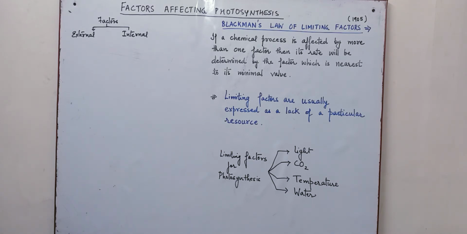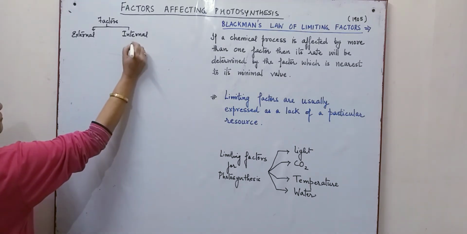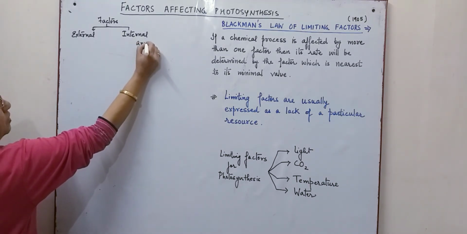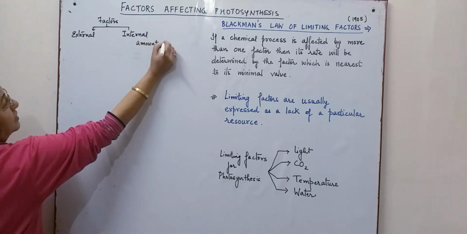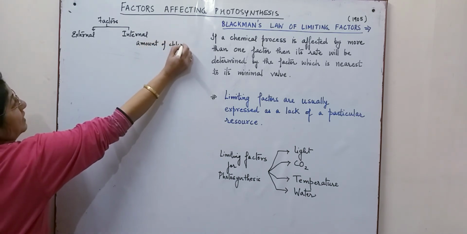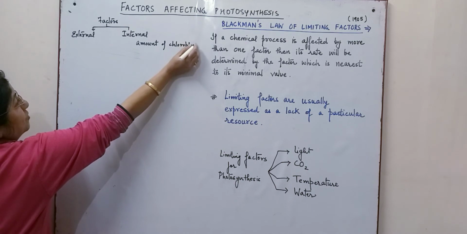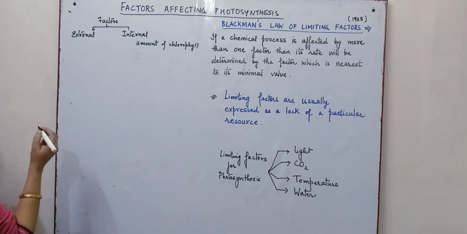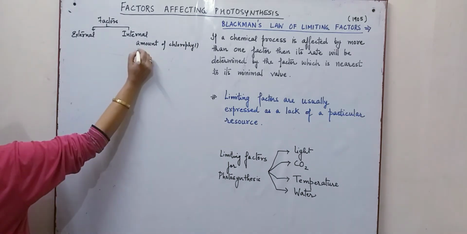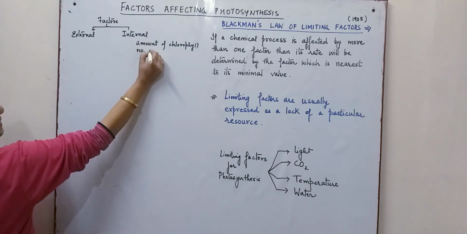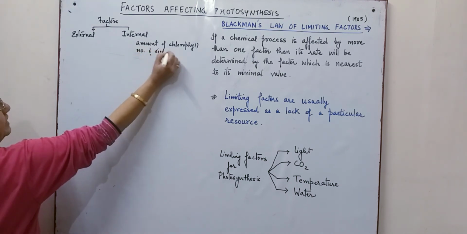Now, there are several internal factors such as the amount of chlorophyll. The amount of chlorophyll governs the rate of photosynthesis. Also, the number and size of the leaves.